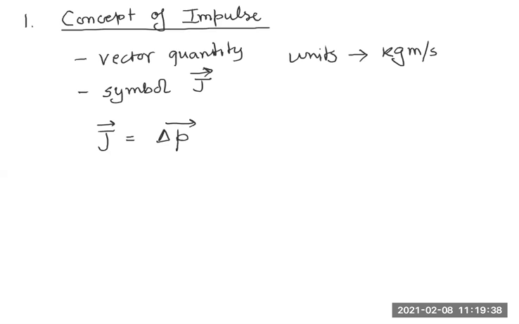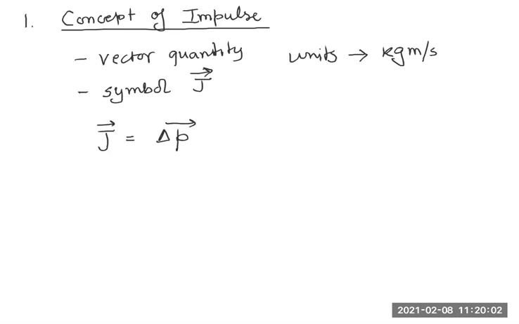So whenever an impulse is imparted onto the system, this is how to use the word. Whenever an impulse is imparted to a system, that means that the momentum of the system will change.